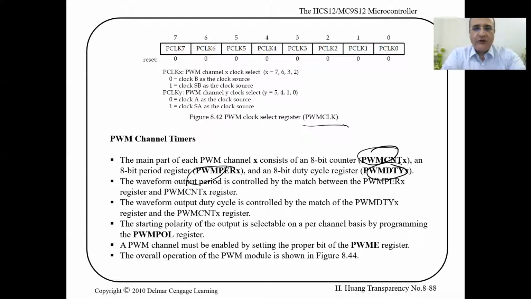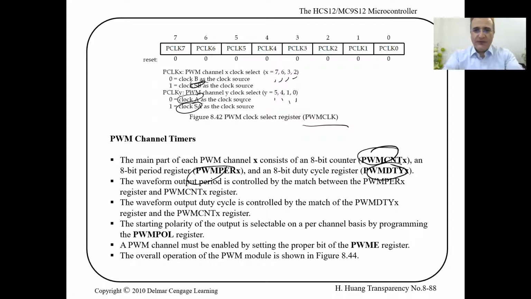Yani, for PWM channel 2, 3, 6, and 7, you always have to use B or sub B. For 0, 1, 4, and 5, you always have to use clock A or sub A. And clock B is for some of the channels, okay? And clock A is for other channels, A or sub A.